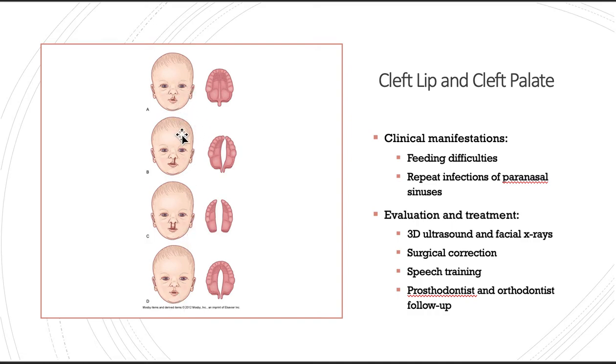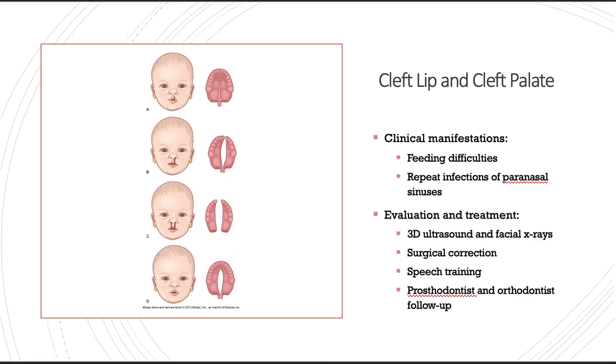Is it also associated with cleft palate? Things like that. And then the way we treat it actually is they surgically correct it, and I showed you a couple pictures of that. And they often have speech therapy, and they have to have orthodontist follow up later to help them with the shape of their jaws and stuff like that.